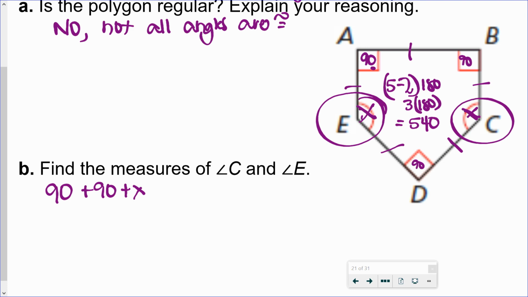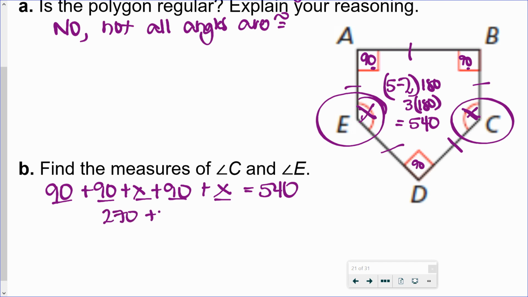So I started here. I did 90 plus x plus 90 plus x. Now it had 5 sides, so that means it needs 5 angles. So just double check. 1, 2, 3, 4, 5. We got it, and it adds to equal 540. So go ahead and simplify this. 90 plus 90 plus 90 is 270.